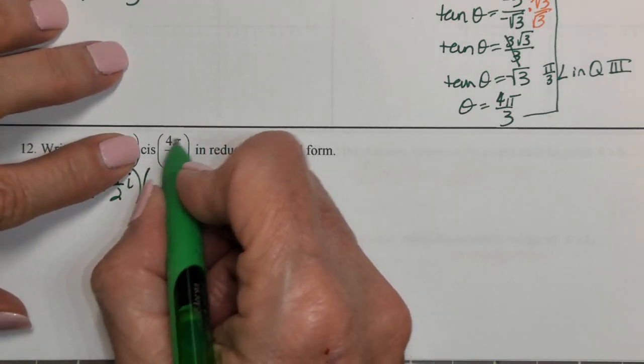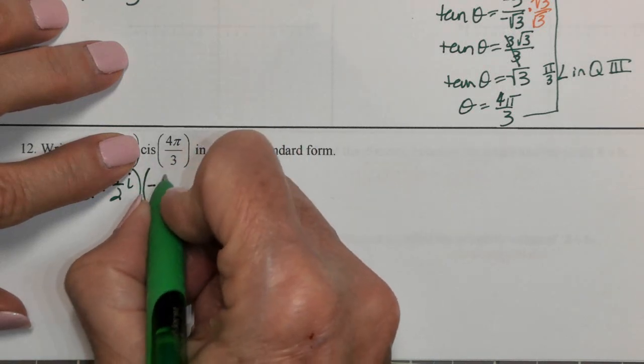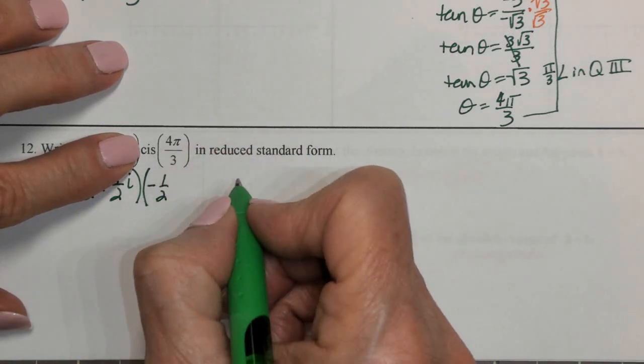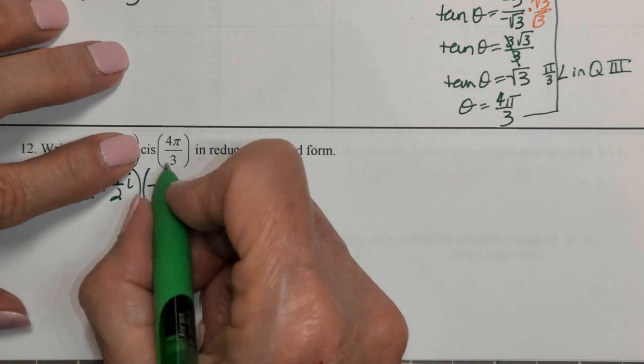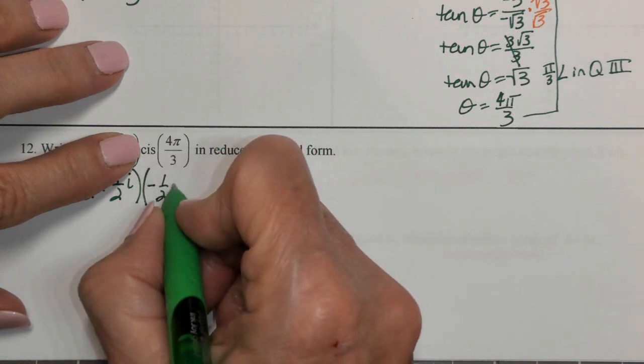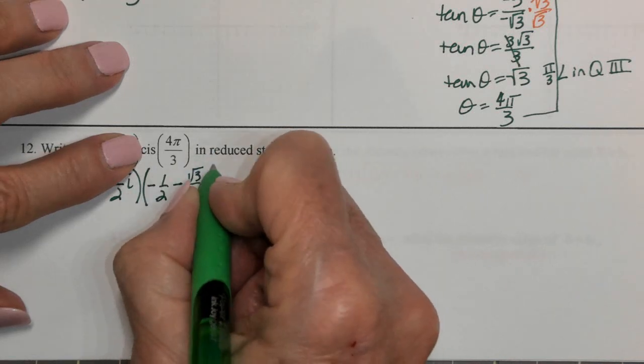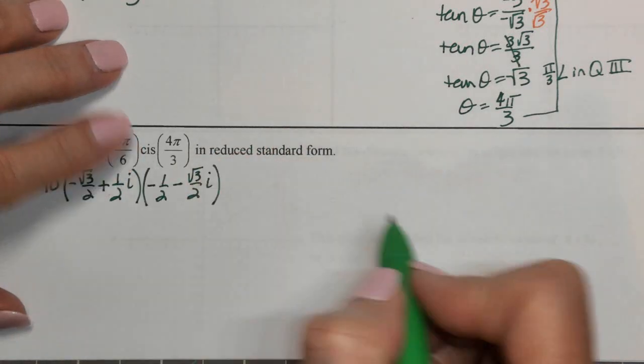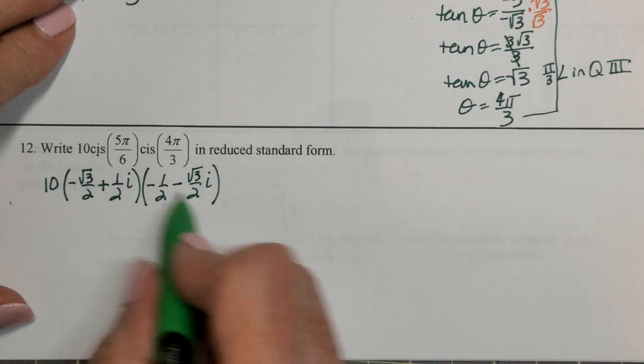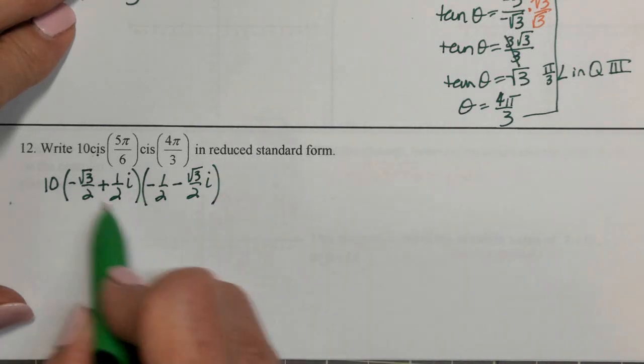So cosine of 4 pi over 3 is a negative 1/2. It's down there in quadrant 3. Plus i sine of 4 pi over 3 is a negative square root 3 over 2. And then I don't forget my i, because that's what that i means. Now I need to write it in reduced standard form, so I'm going to multiply this out.